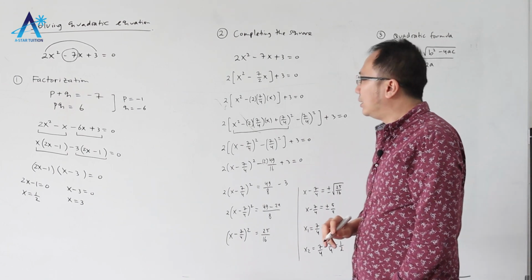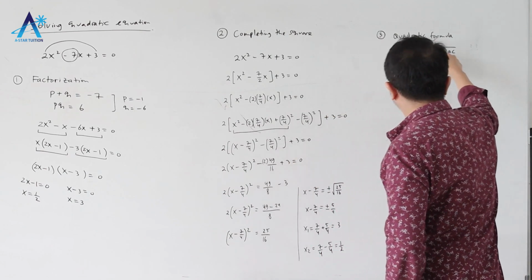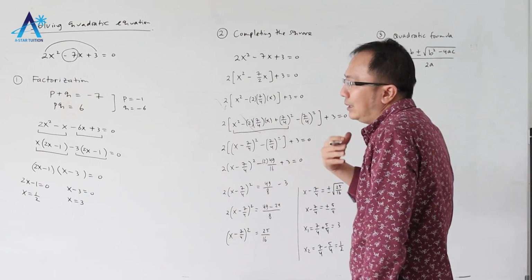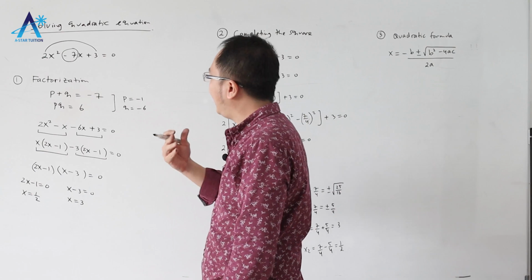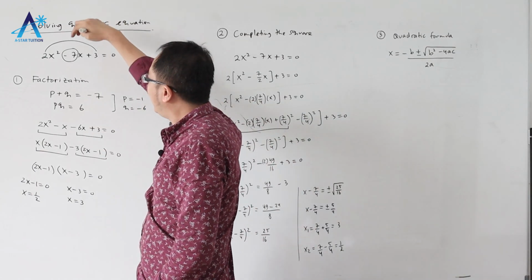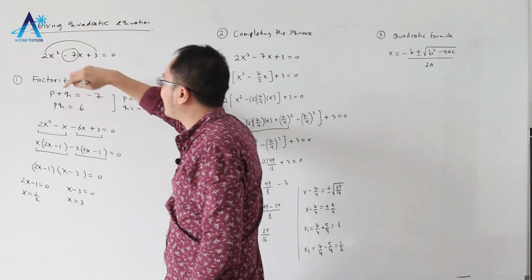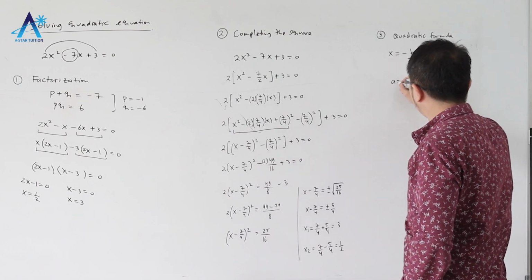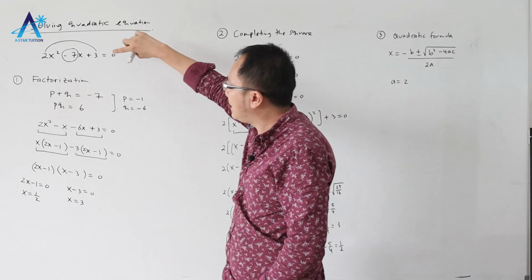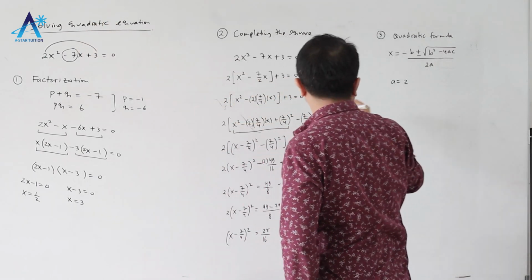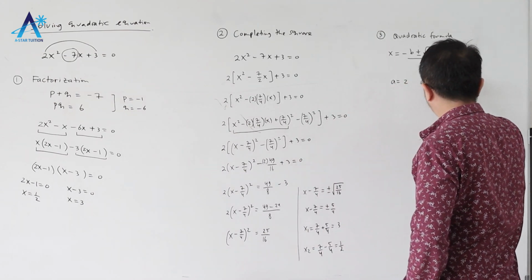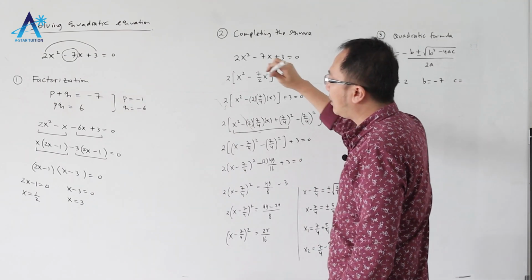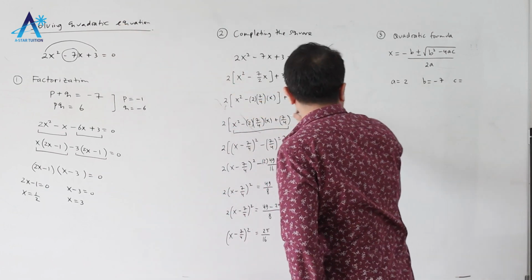Okay, now before we actually start using this, we need to be able to identify the values of a, b as well as c. A is the coefficient of x squared, which is equal to 2. B is the coefficient of x, which is equal to negative 7, while c is the constant, which is equal to 3.